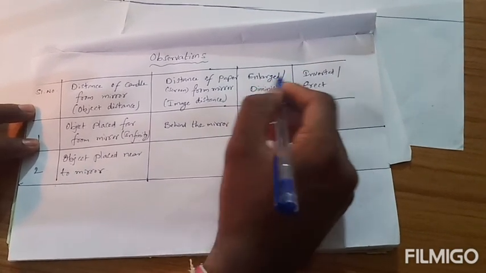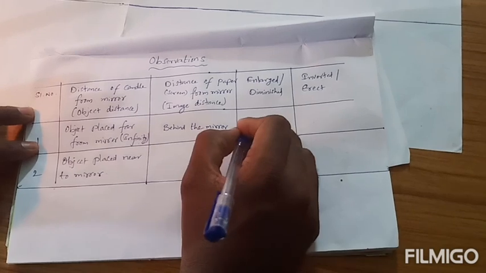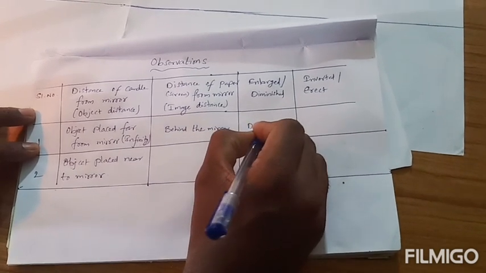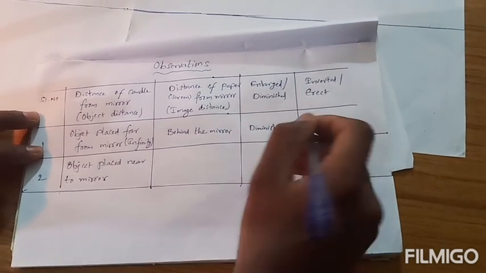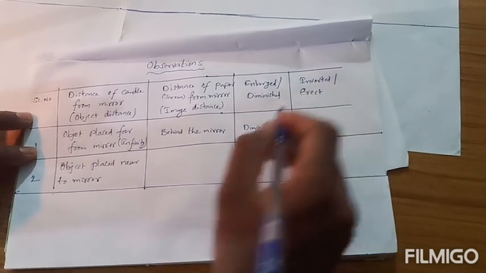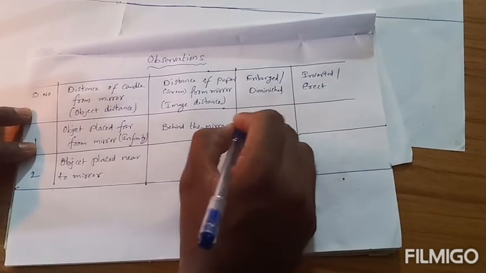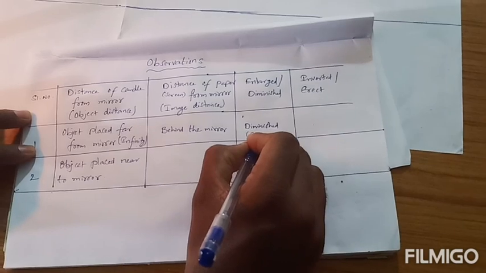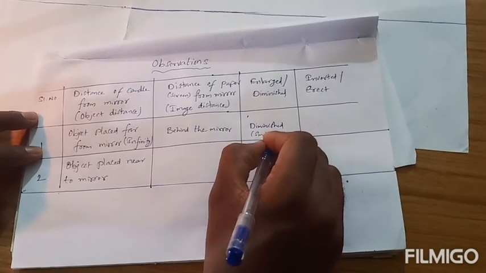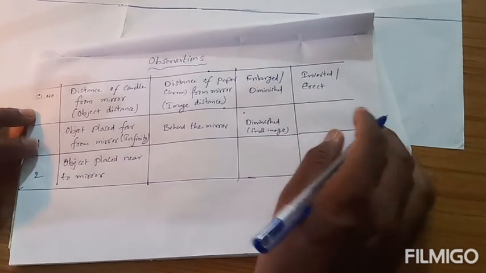And is it an enlarged or diminished image? The image is diminished or highly diminished, and highly means a very small image we observed inside it.